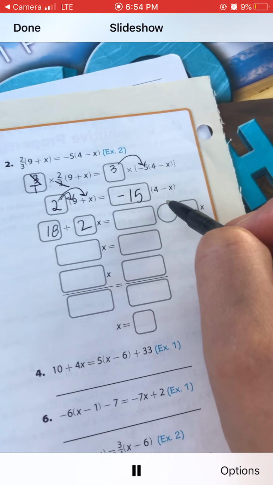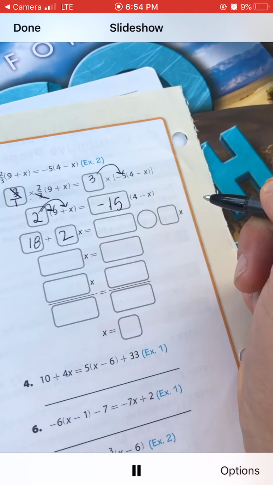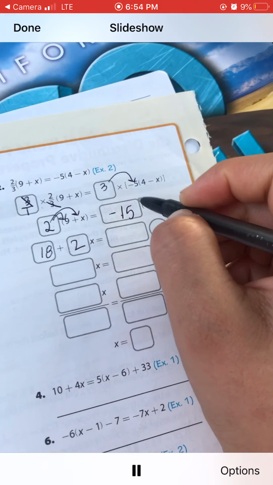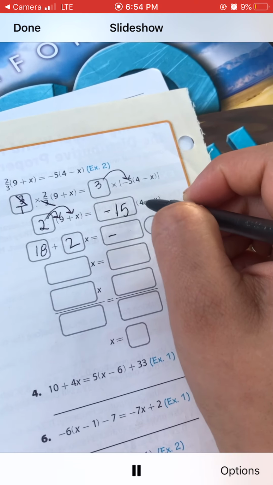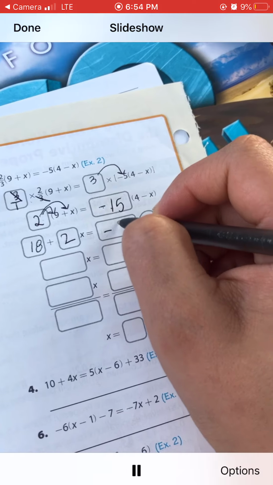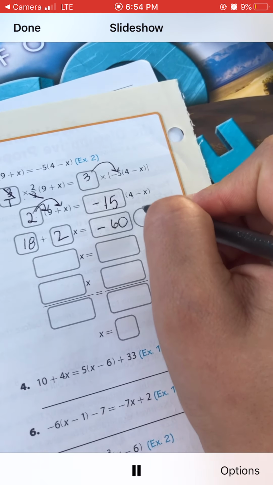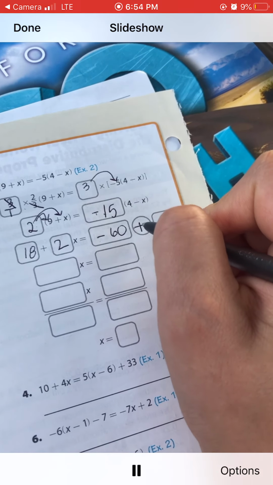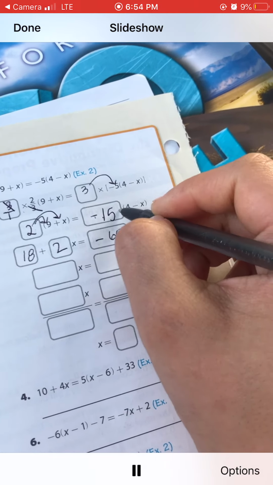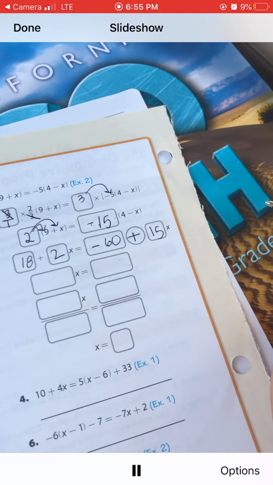So now we see negative 15 times 4 is, negative times positive is negative. 15 times 4 is 60. And this is going to be a positive number right here because negative times negative is positive. And 15 times x equals 15x.